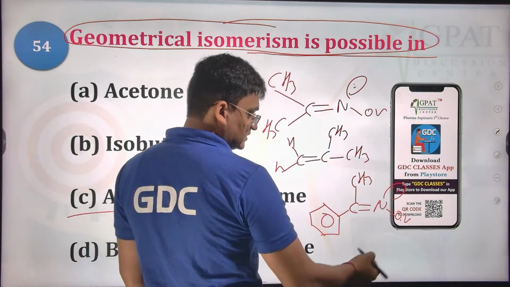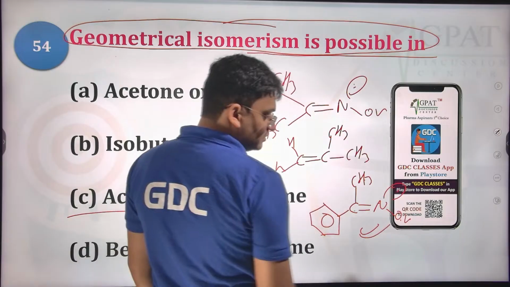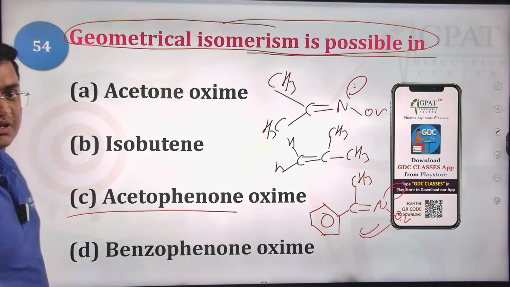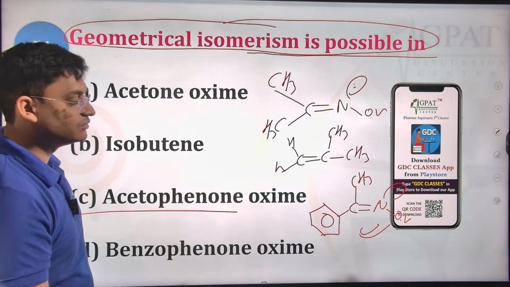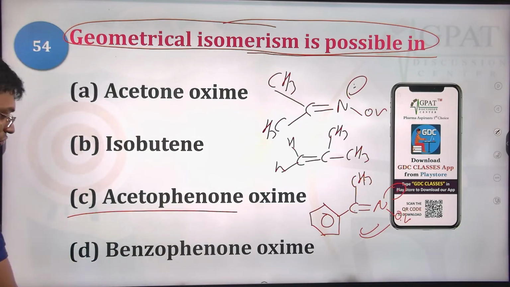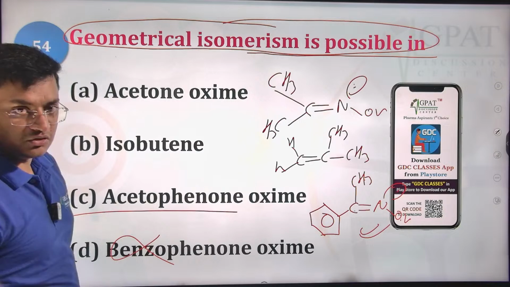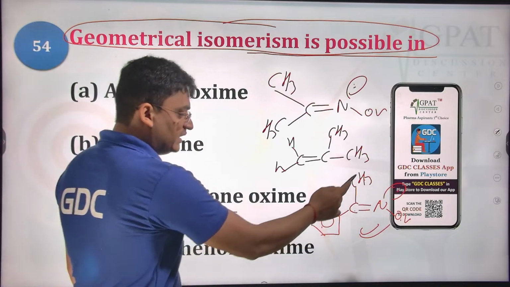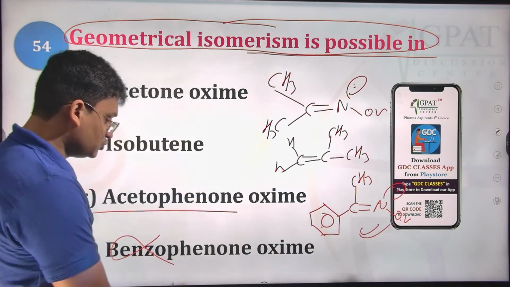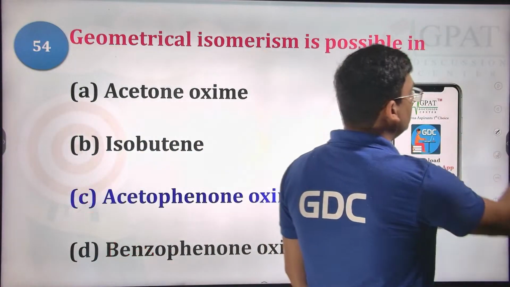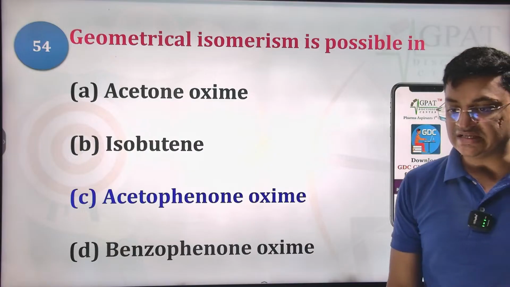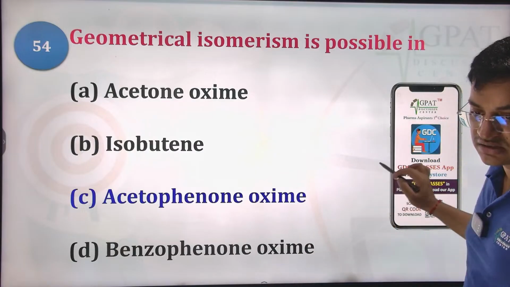It's having syn and anti kind of geometrical isomerism, or it can also have an EZ system of nomenclature. Benzophenone has both benzene rings present, so it's not at all possible. So C is the right answer, that is acetophenone oxime will be the correct answer for this question.